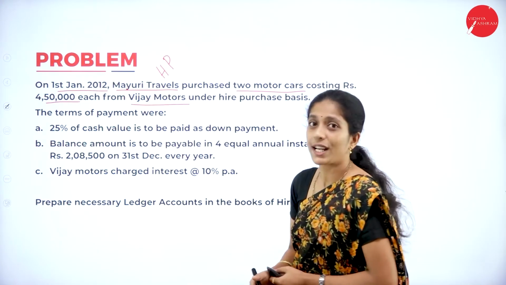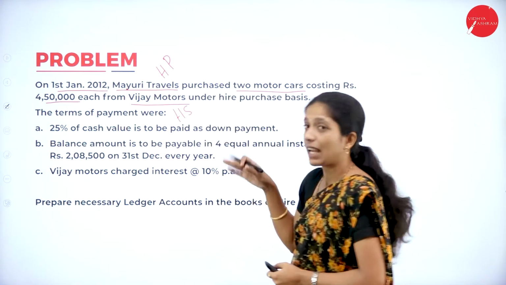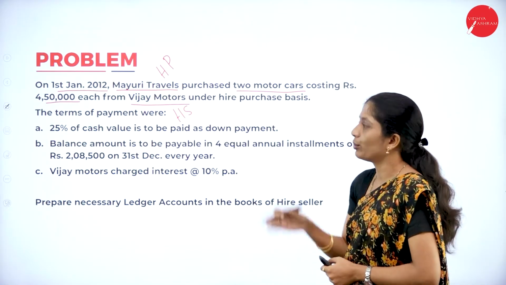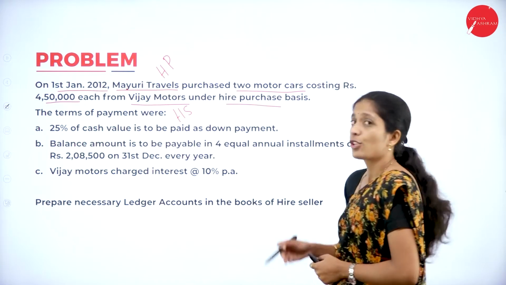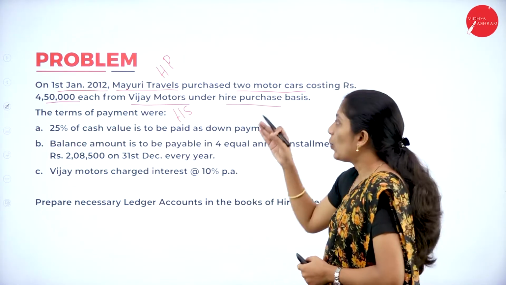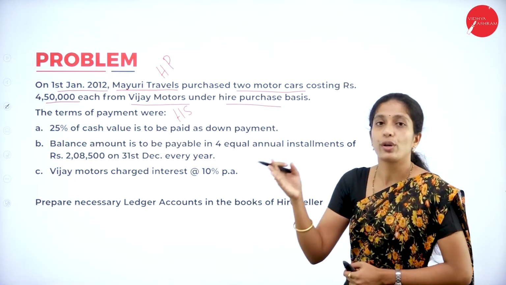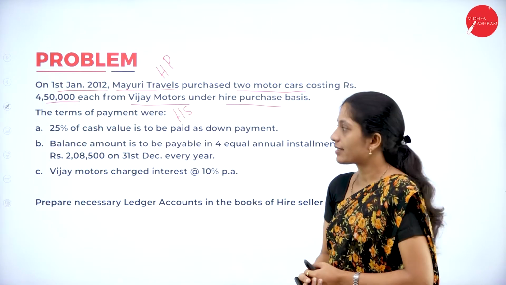Now, who is Vijay Motors? Here Vijay Motors is the hire seller because he has sold the cars to MYSURU Travels on hire purchase basis. So these two parties have a hire purchase agreement where Vijay Motors have sold goods to MYSURU Travels on hire purchase system.